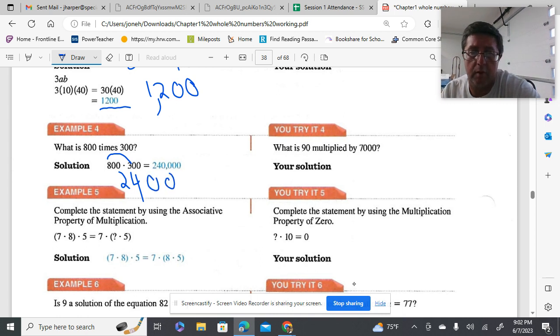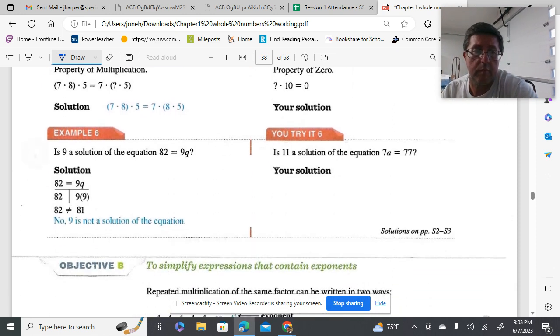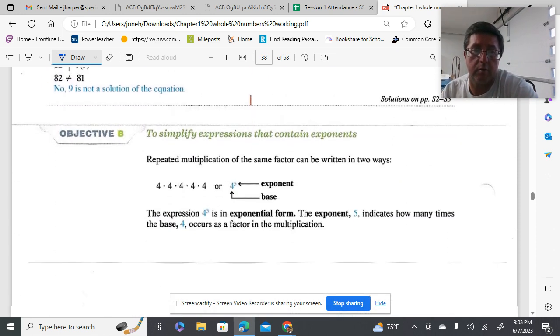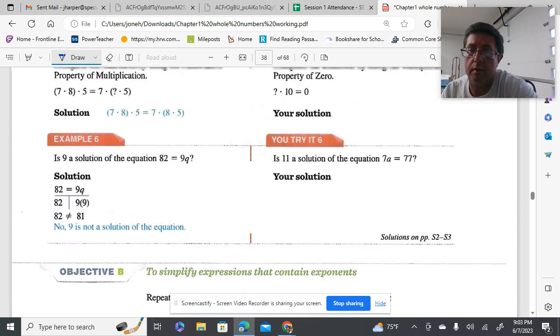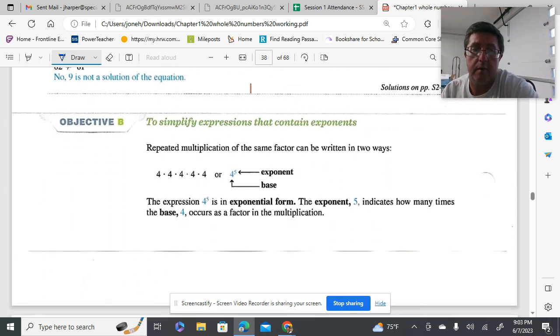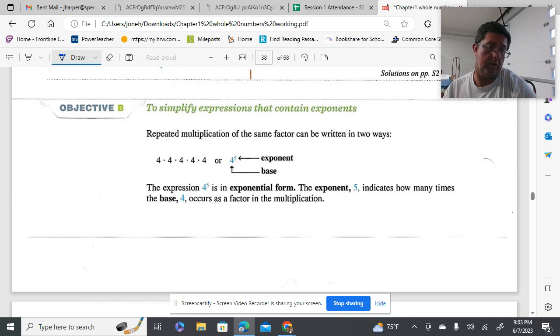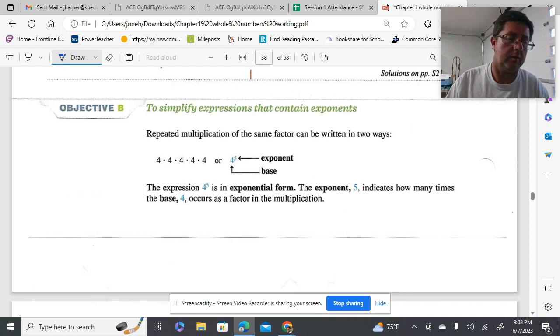So it should be 240,000, which is what they have right there. So you get through a lot of these examples.